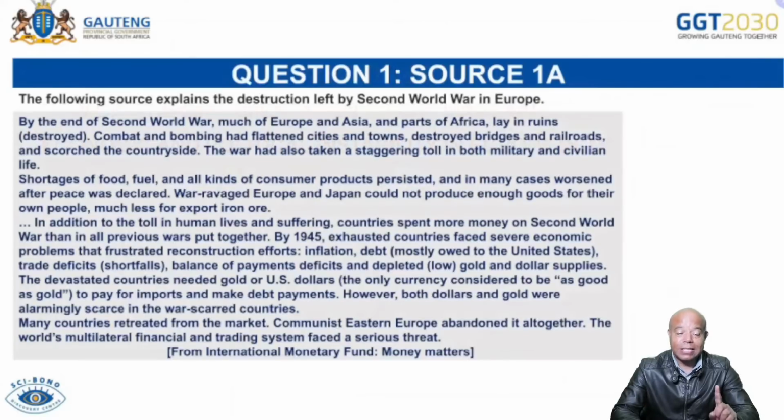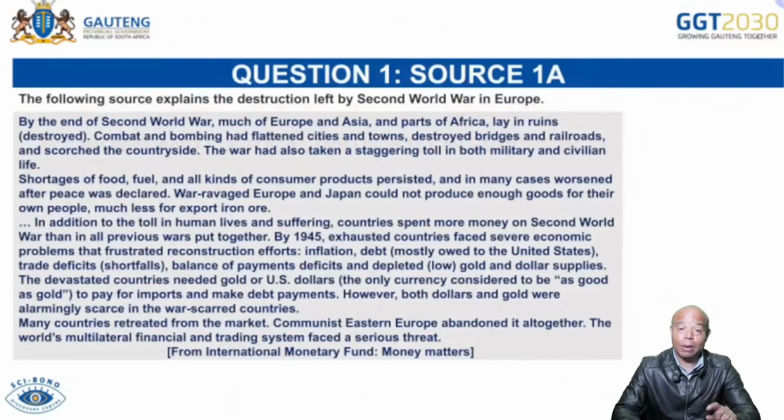Basically, the devastated countries needed gold or US dollars, the only currencies considered to be as good as gold, to pay for imports and make debt payments. However, both dollars and gold were alarmingly scarce in the war-scarred countries.